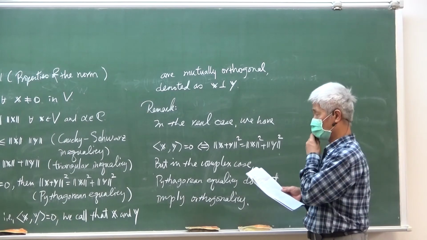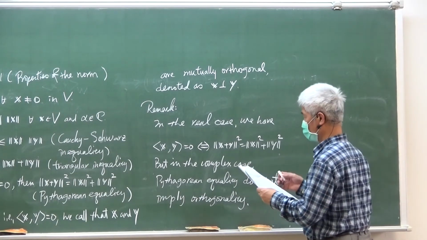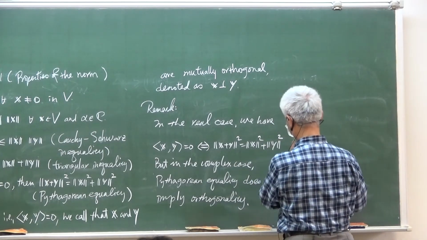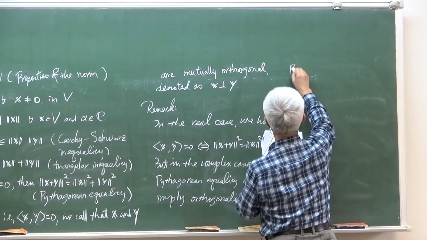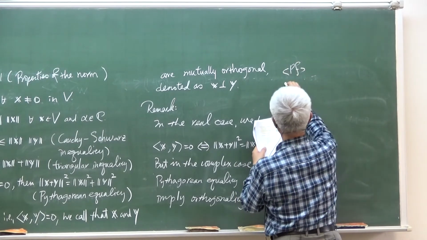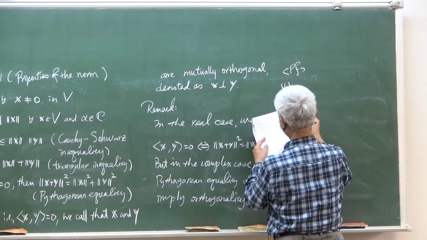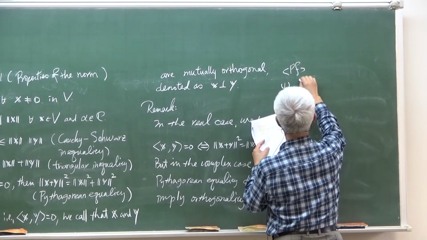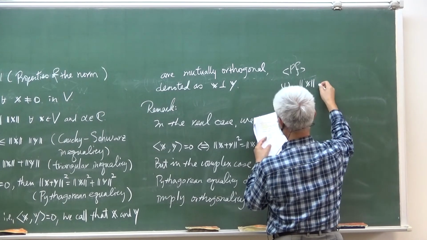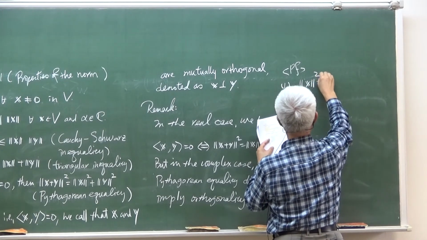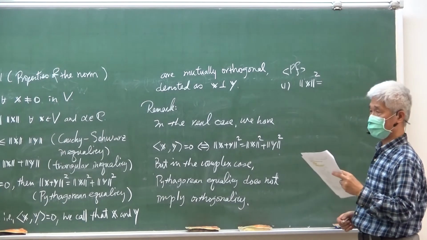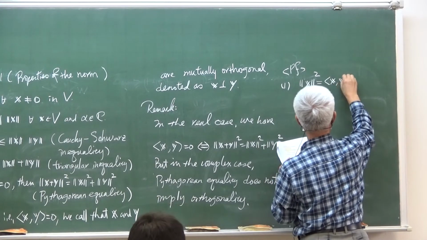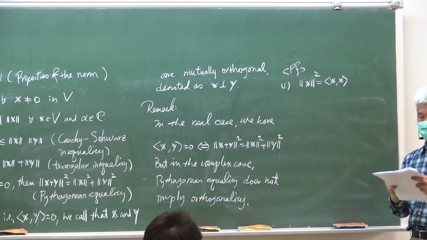Okay, so we now give a proof of the properties of the norm. Right, so the first one. We take the square of the norm of x. By definition, this is the inner product of x with itself.